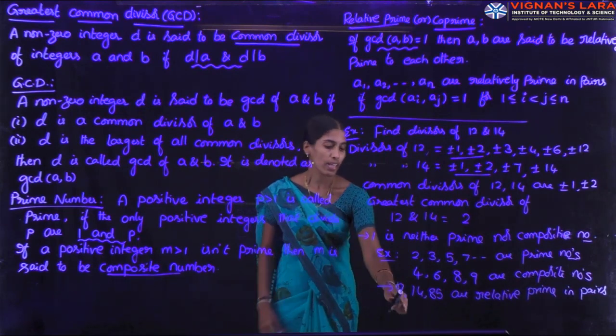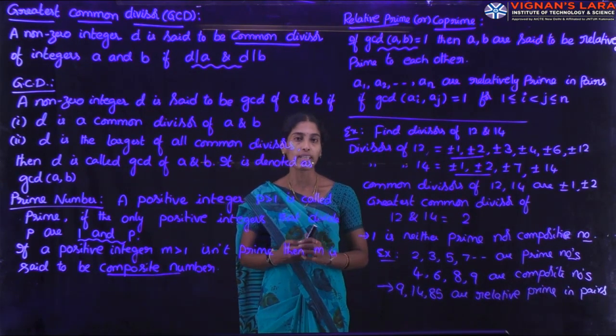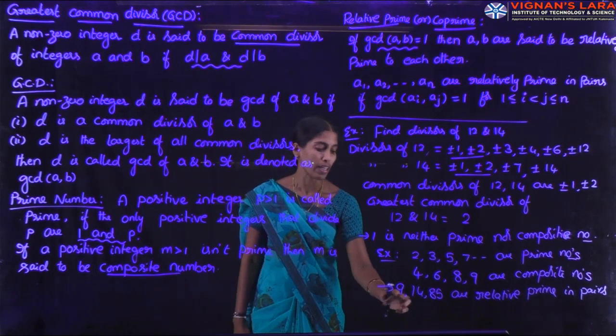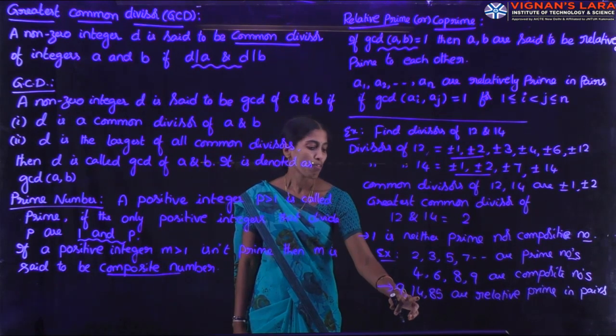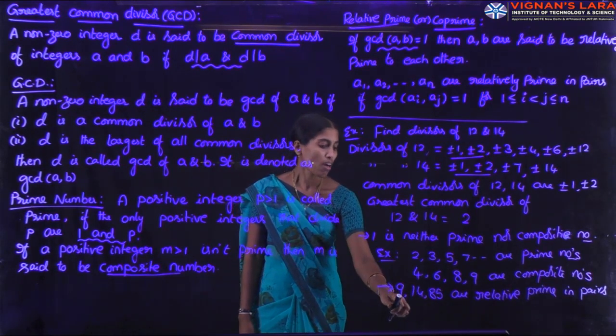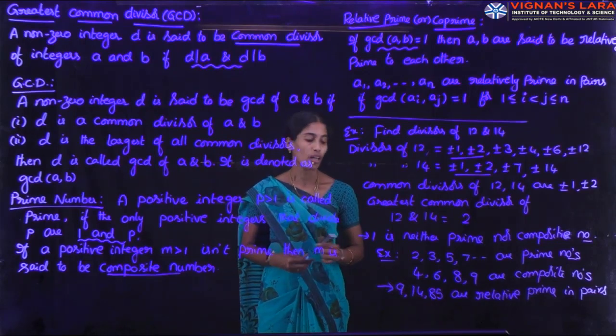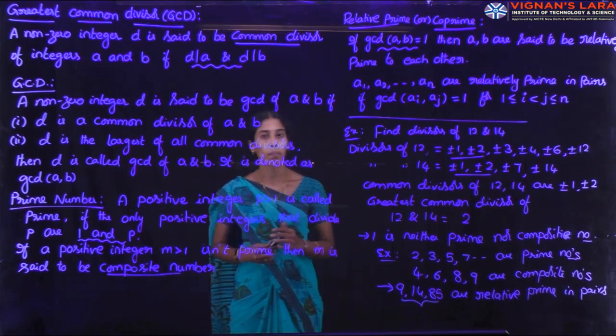If we consider any two numbers, GCD of 9 comma 14, the greatest common divisor of 9 and 14, is 1. Similarly, GCD of 14 comma 85 is 1 and GCD of 9 and 85 is 1. So these three numbers are relatively prime in pairs.